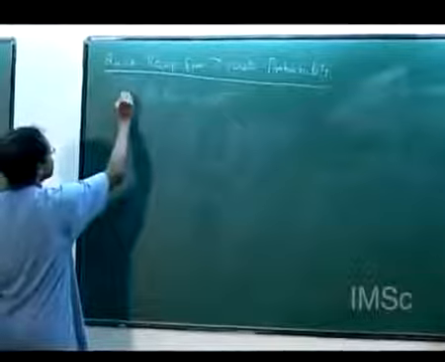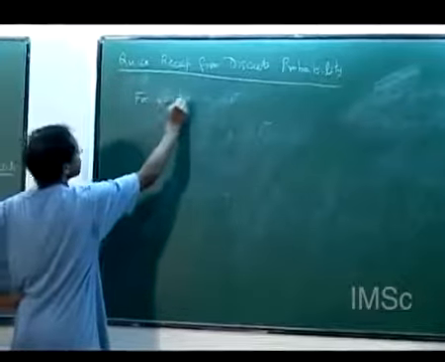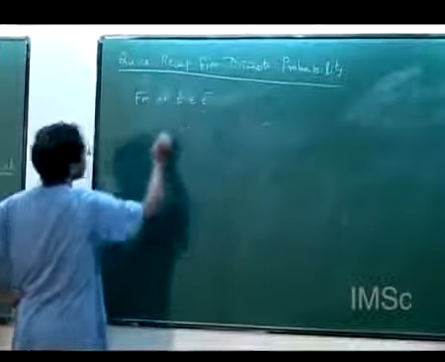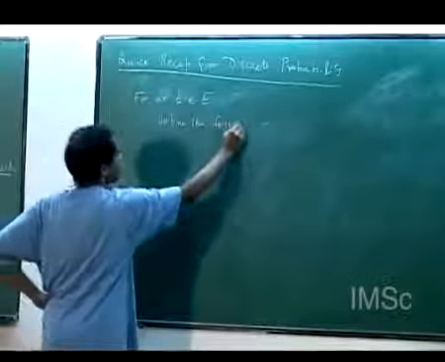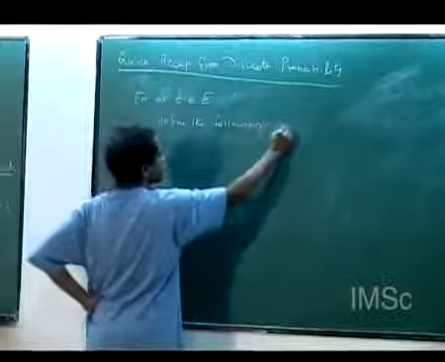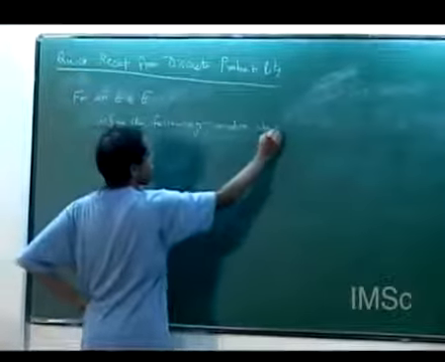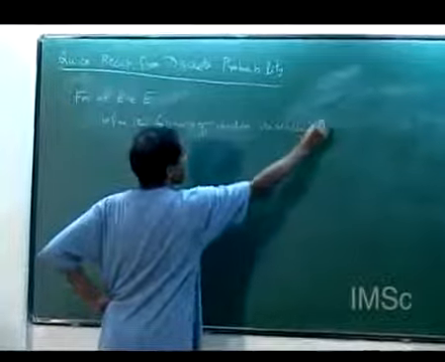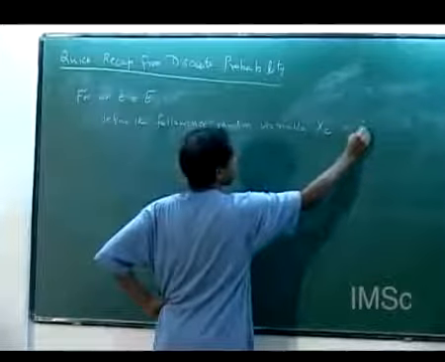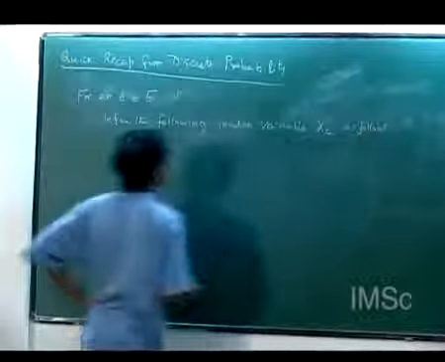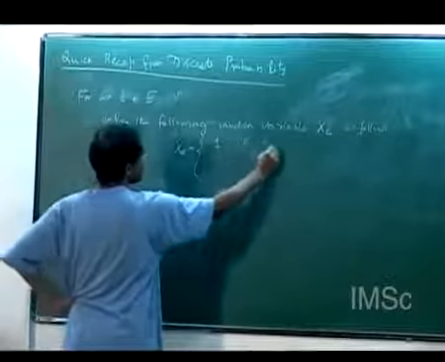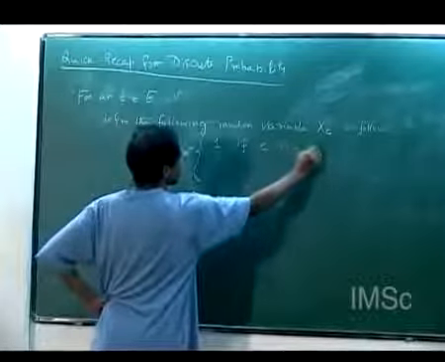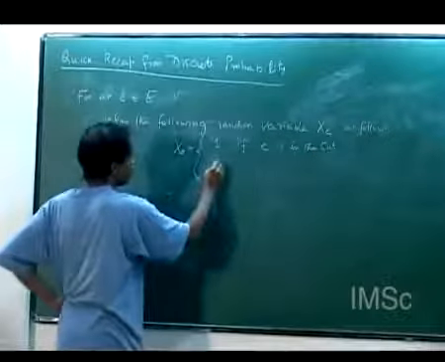Now let's define the following random variable for an edge E. Define the random variable XE as follows: XE equals 1 if E is in the cut, 0 otherwise.